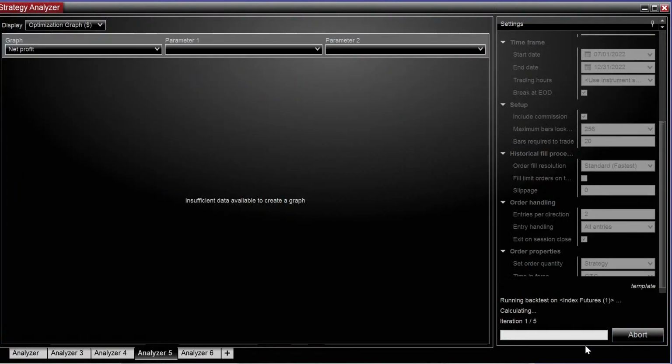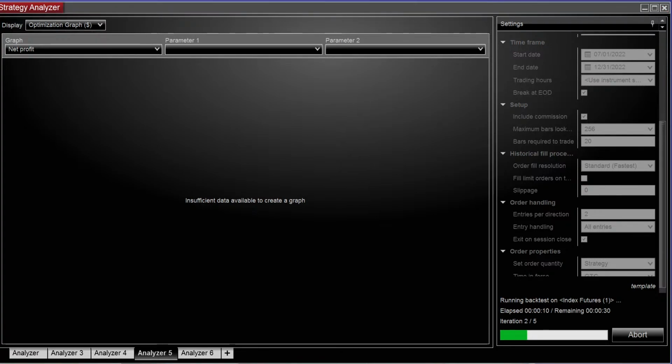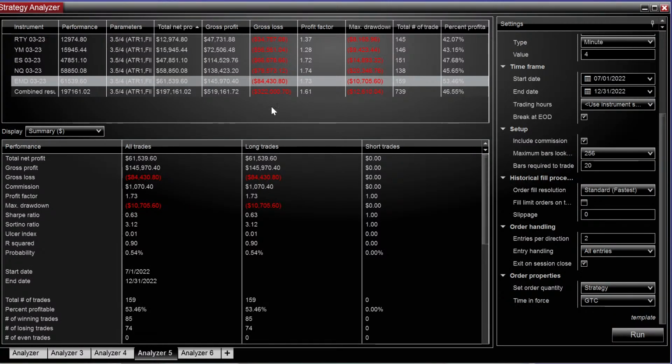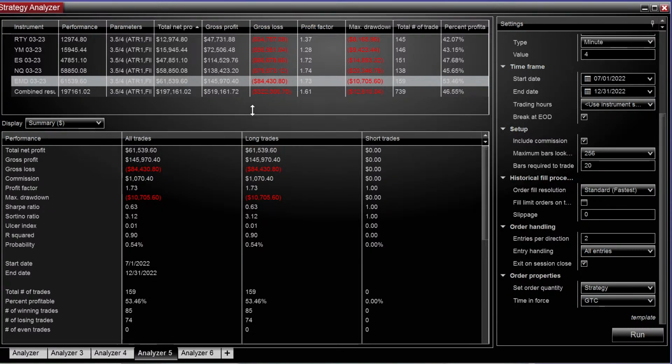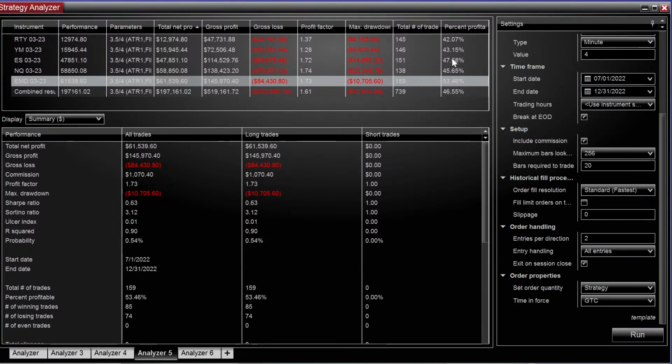Go ahead and run that. And there's our basket for our mini baseline.